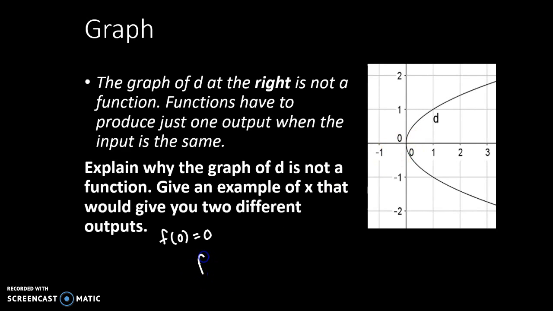But f of 1, well, actually it's D, right, is the name of this function, but it's not even a function. D of 1 is confusing because at 1, my y-coordinate is 1, but it's also -1. So this is not a function because x equals 1 produces 2 different outputs.